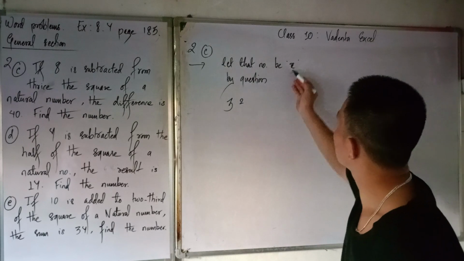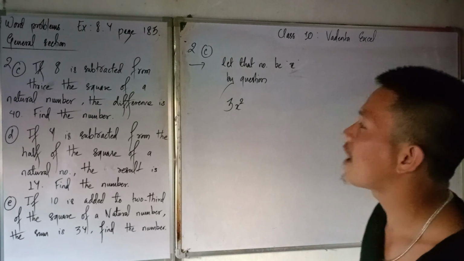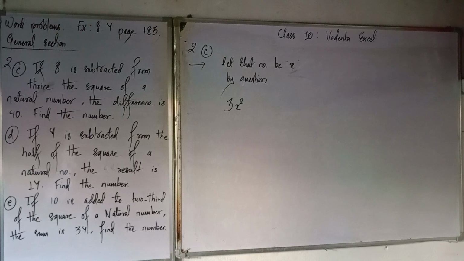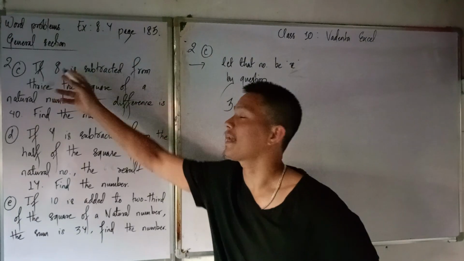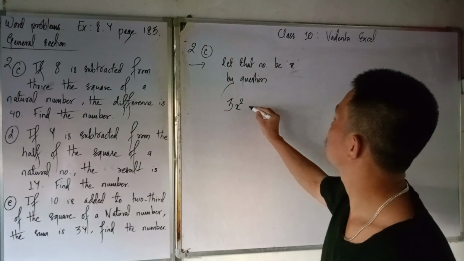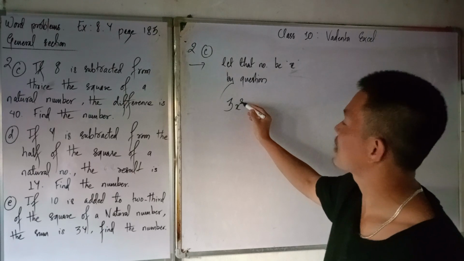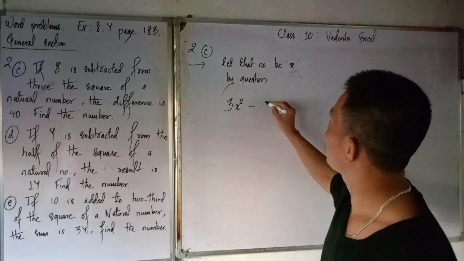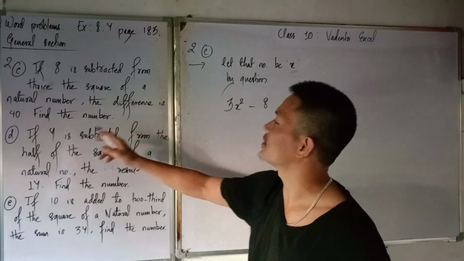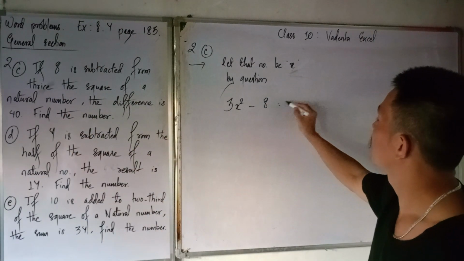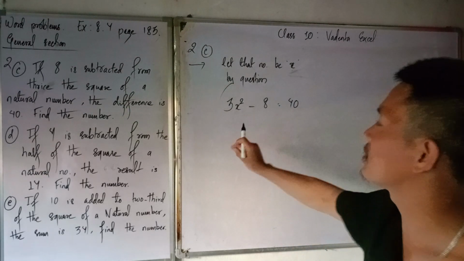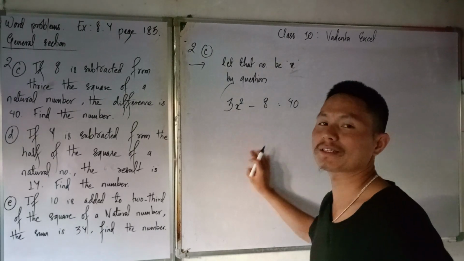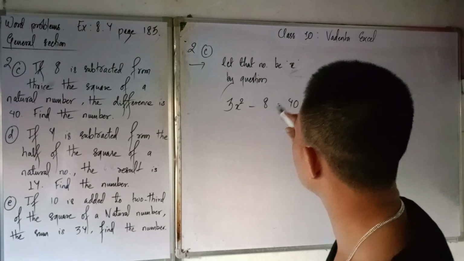From twice the square of the natural number, we subtract 8. The resultant, the difference, is 40. The only difficult part is that you have to make these equations correctly; after that it is easy.